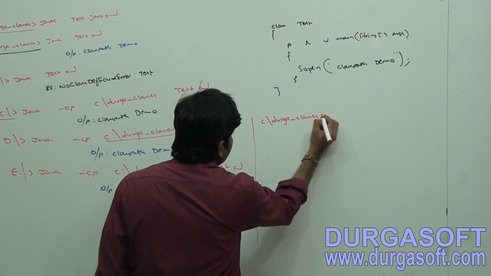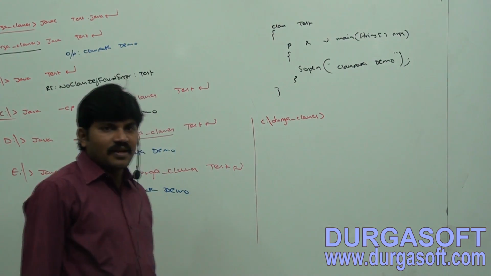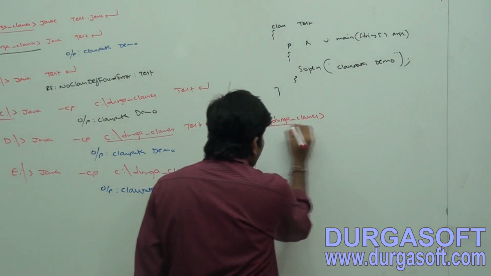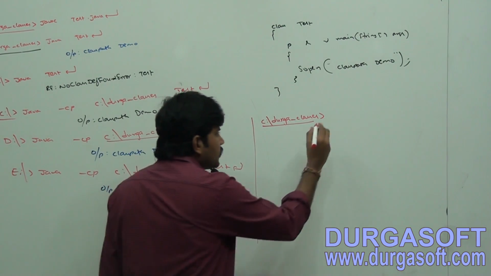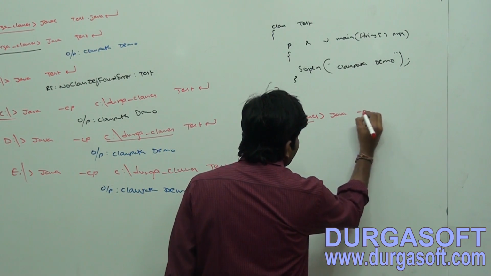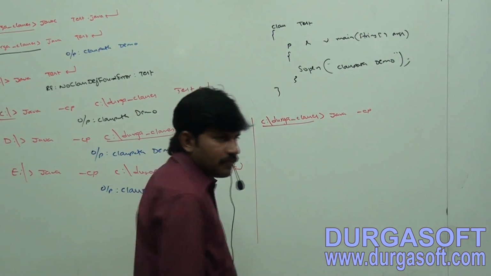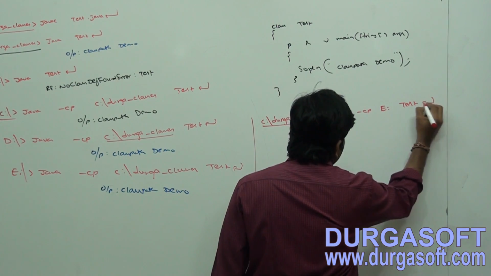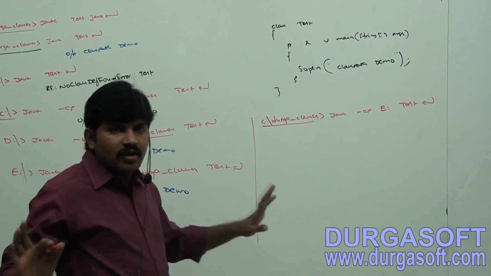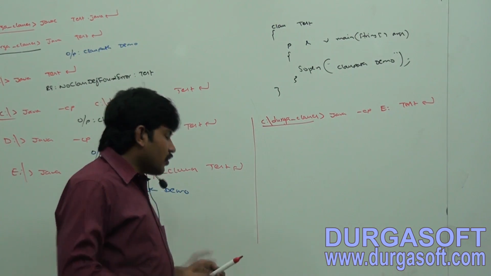From this location, sir, this is my current working directory. From this, java -cp E colon followed by test. Java -cp E colon followed by test.